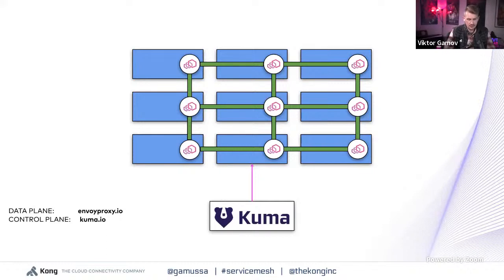And Kuma represents the implementation of the control plane, how the developer interacts with it and ships details into the data plane, how the traffic would be configured.